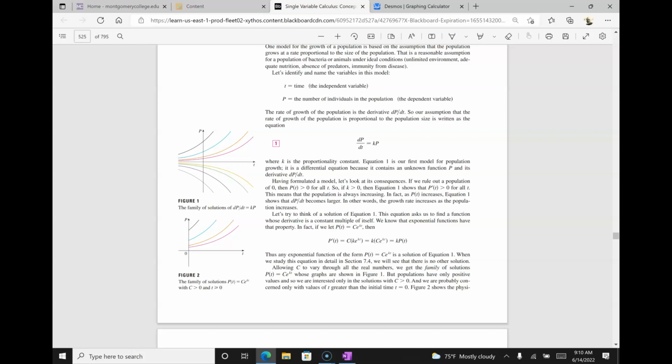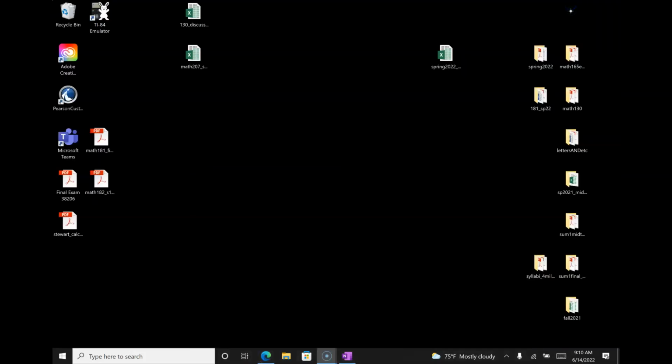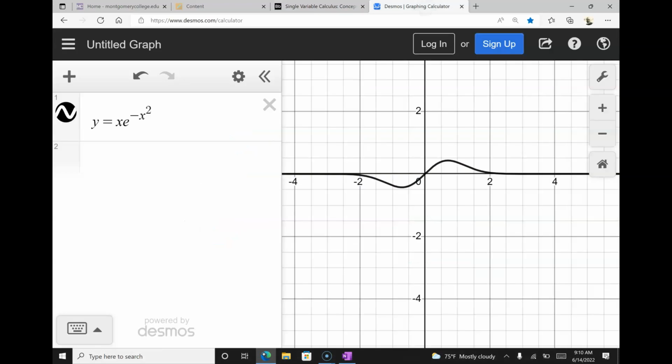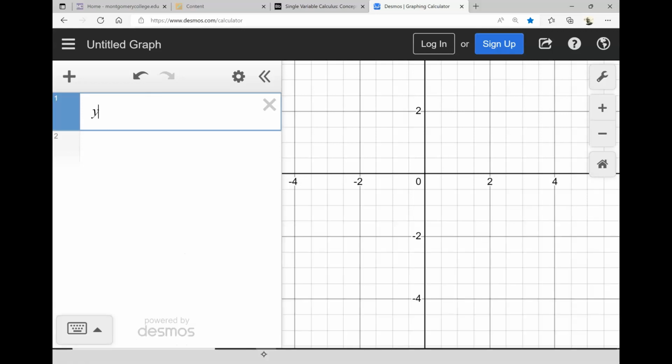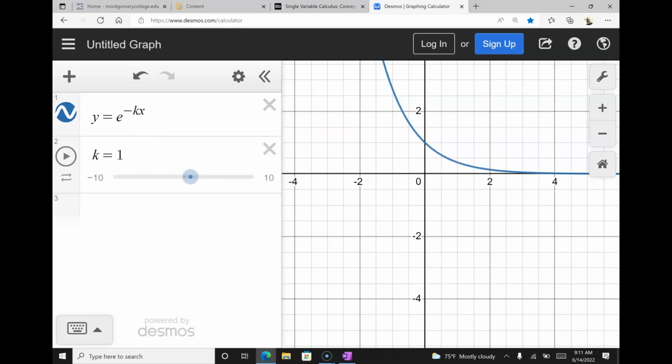So for example, let me go to Desmos. Let me say y equals e raised to the minus kt, or kx, and I'm going to add a slider k.